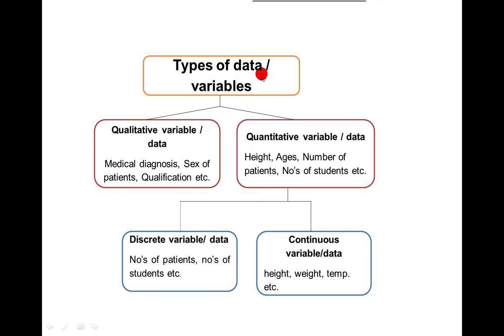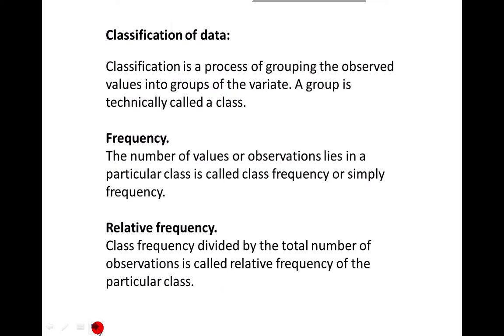After collection of the data, we convert the data into groups. This is called classification. Classification is the process of grouping. So the next topic is classification of data. Classification is the process of grouping the observed values into groups of the variable. The process of grouping is called classification, and a group is called a class.